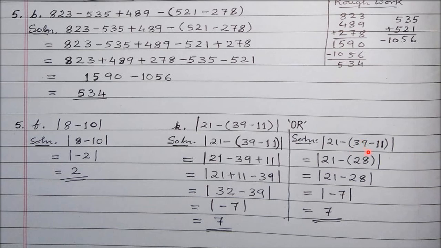First inside the bracket. So inside the bracket 39 minus 11 will be 28. Now open the bracket in the next step. So minus into plus is minus, so we get minus 28. Now 21 minus 28. Negative is more. 28 minus 21 is 7. So minus 7. Absolute value of minus 7 will be 7.